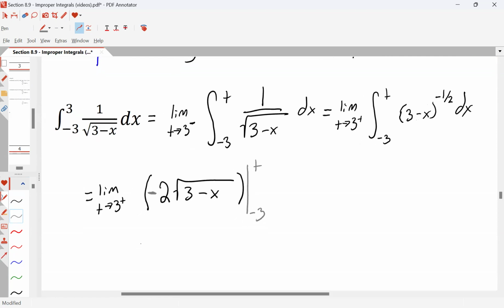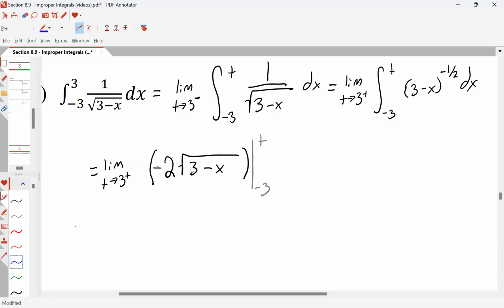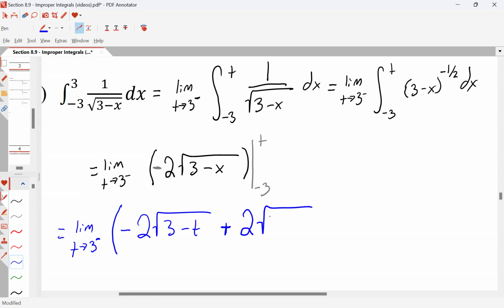Plugging in our bounds, we get the limit as t goes to 3 from the left of -2 square root 3 minus t, minus -2 square root 3 minus -3.